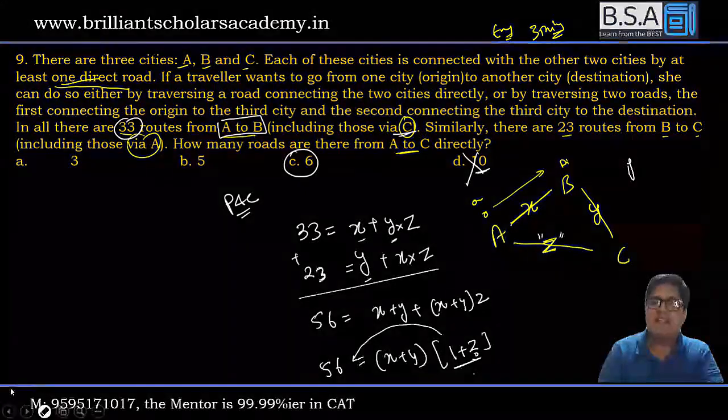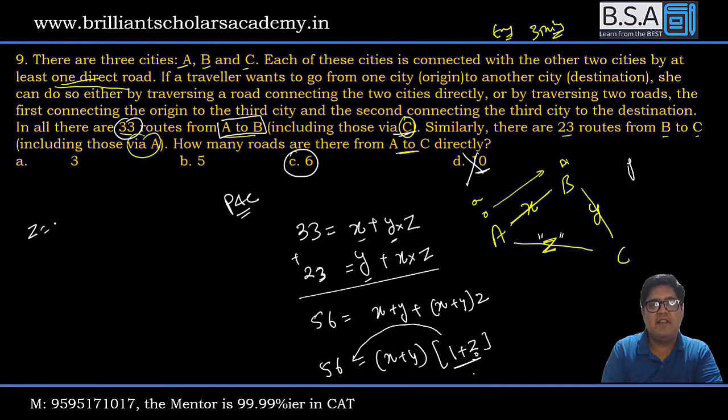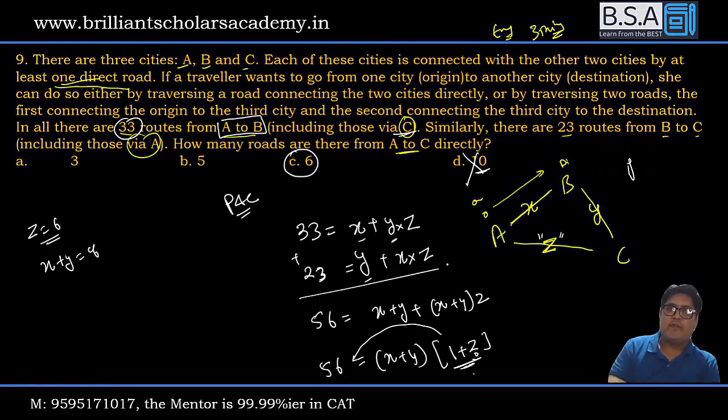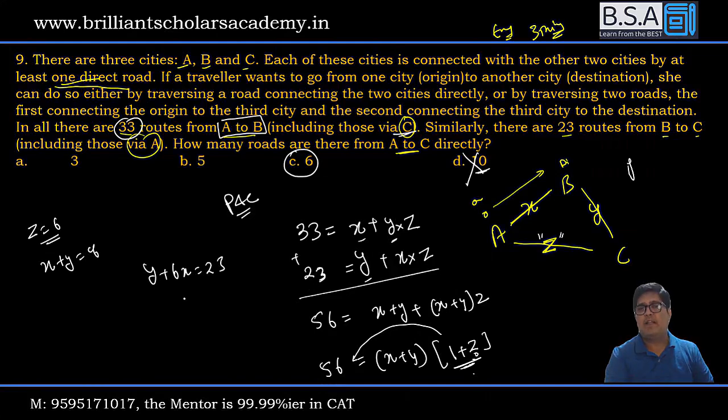I'm testing, can Z be equal to 6? If Z is equal to 6, you put 6 here. That becomes 7 divided into 56, so X plus Y becomes 8. Now you check. I want the second equation, Y plus 6X, to be equal to 23.